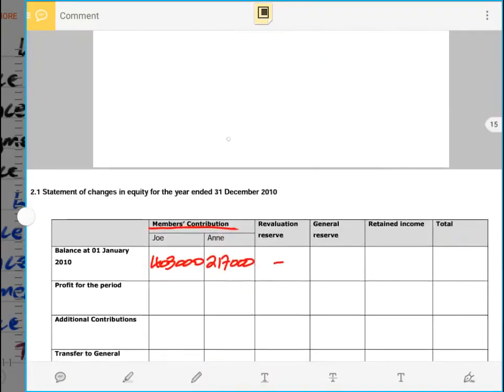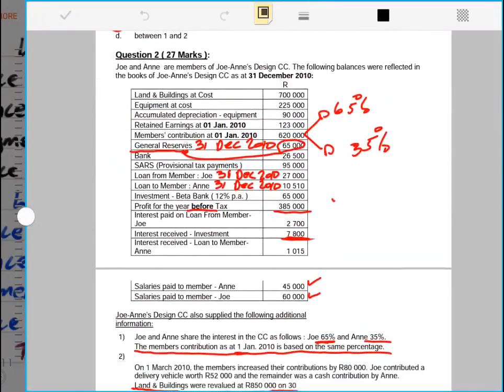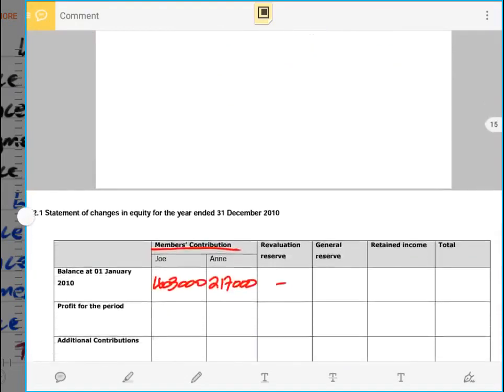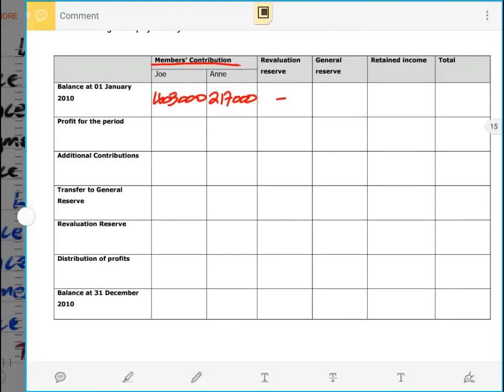General reserve also does not have an opening balance, because I said please take into account the fact that general reserve of 65,000 rands is the closing balance. So now we already know that 65,000 rands is the closing balance. We can just record under the general reserve closing balance 65,000 rands.